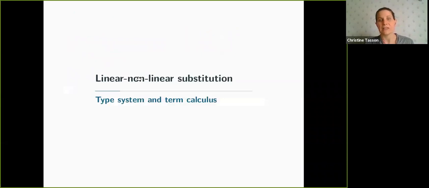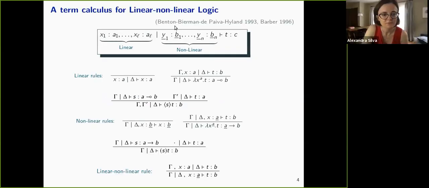And this is what we wanted to interpret, and to give a model of it. And to introduce this model, I will first show you a linear, nonlinear, simply typed lambda calculus, which is inspired by words by... Christine, sorry, I'm going to interrupt because there's a question from Jamie Vickery.